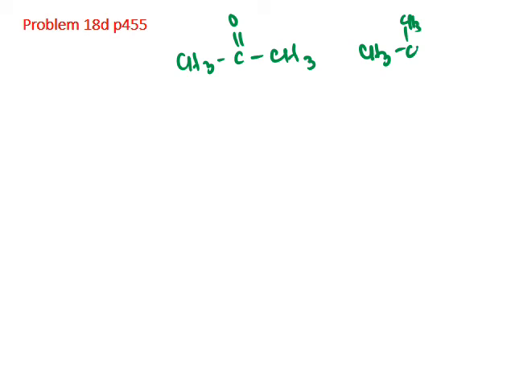Then obviously you have CH and CH3. Let me write down the boiling points that they have given you. Acetone boils at 56 degrees centigrade, and 2-methyl propane, the right-hand side compound, boils at minus 12 degrees centigrade.